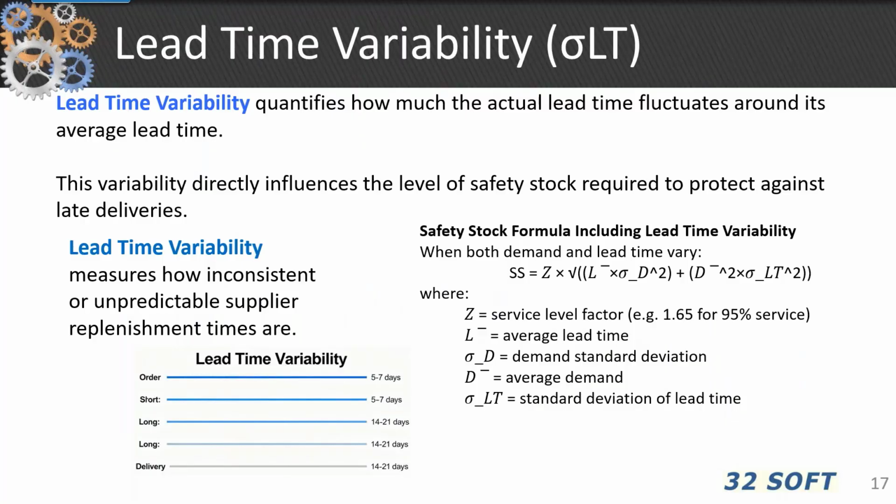Lead time variability is the planned lead time as stated in your inventory planning system, for those of us in QAD, that's 1.4.1 or 1.4.7, compared to the actual lead time recognized by the actual receiving of units and then measuring that differentiation. This requires that you measure the actual lead time as it occurs for each element of lead time. Here we can see the safety stock formula, where both demand and lead time might vary.